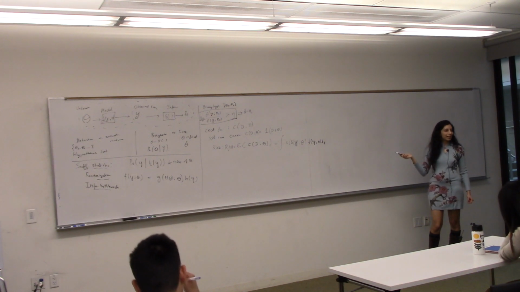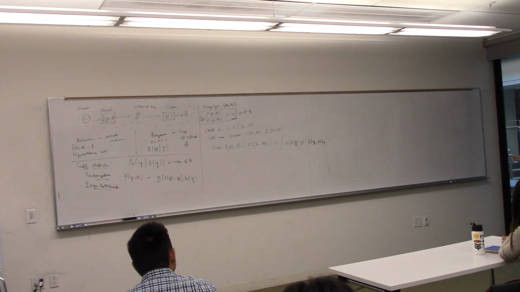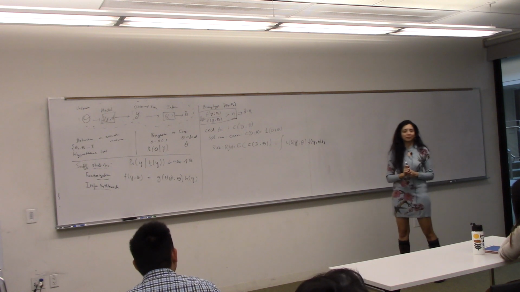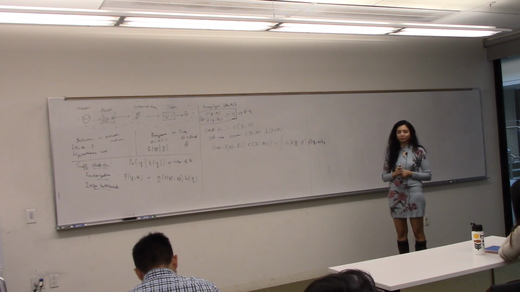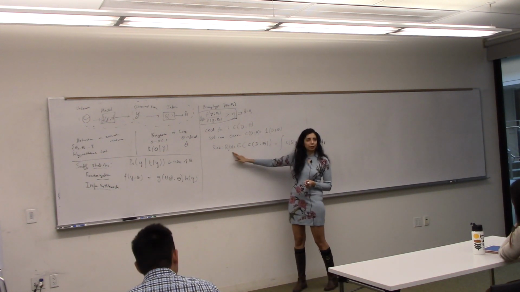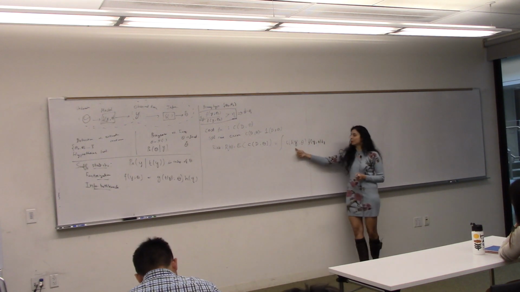So this is my expected cost. This expected cost, we'll call it the risk. The risk is of course a function of theta, but it's also a function of the detector, and this detector we've put as delta.